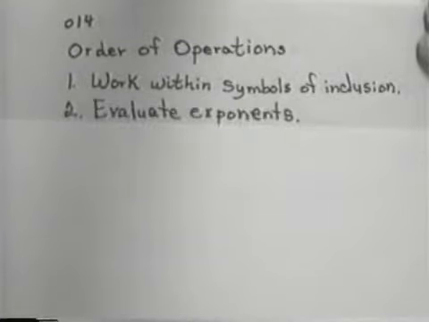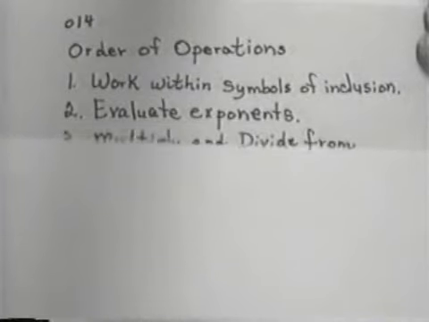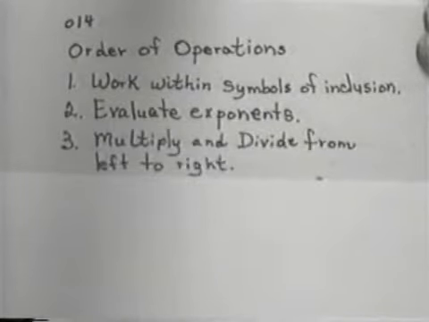The second thing we did after we worked within our symbols of inclusion was to work with exponents. So our second step is to evaluate exponents. After working with exponents, as you remember, our third rule was to multiply and divide from left to right.